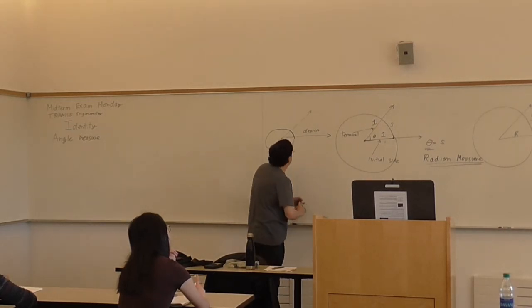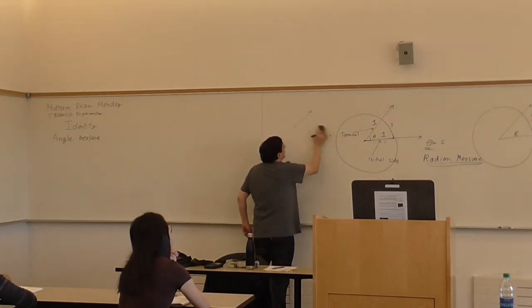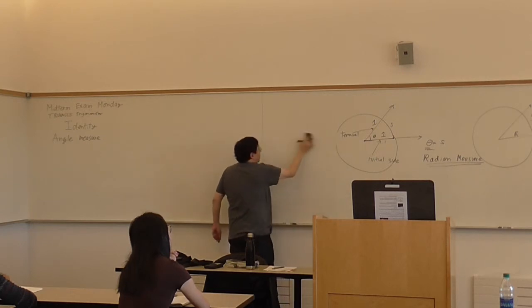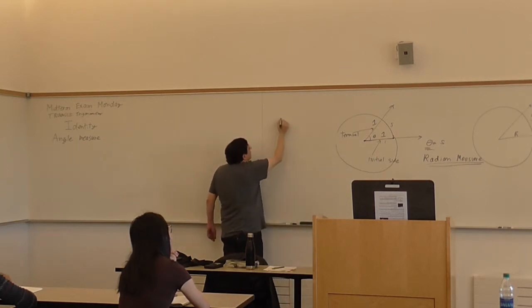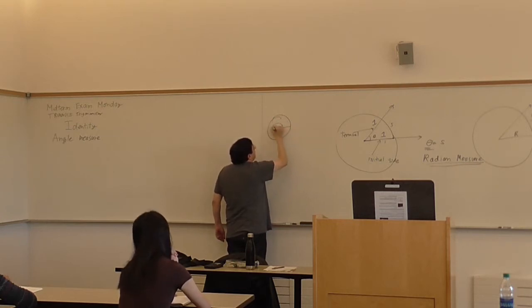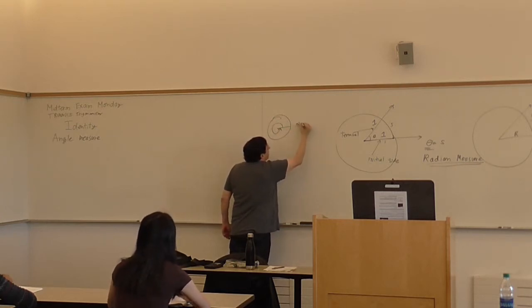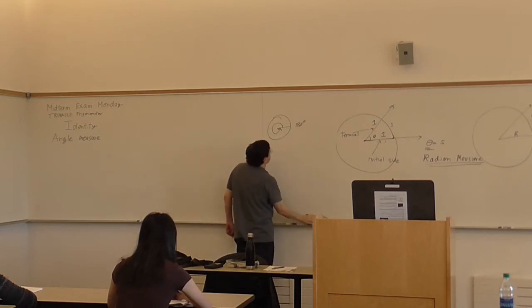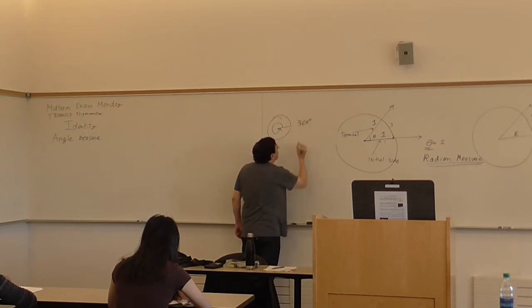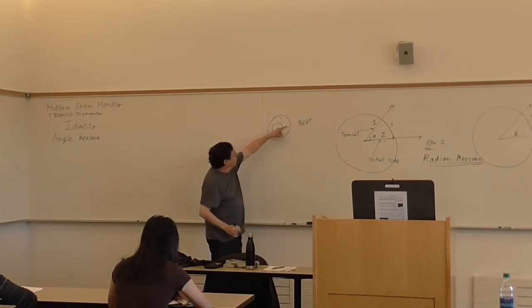So if the circle is, well, 180 degrees, 360 degrees, what's the distance around a circle in radians?